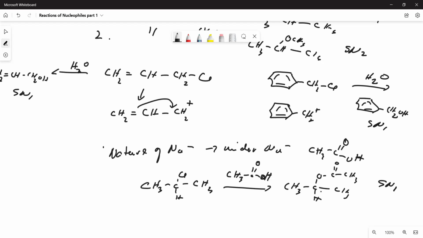So for water, you will have hydrolysis. For alcohol, you will have alcoholysis. Okay. So these are very common for SN1 reactions, no? The solvent acting as the nucleophile, okay, for the reaction. Now, for the leaving group effect, the same thing, no?